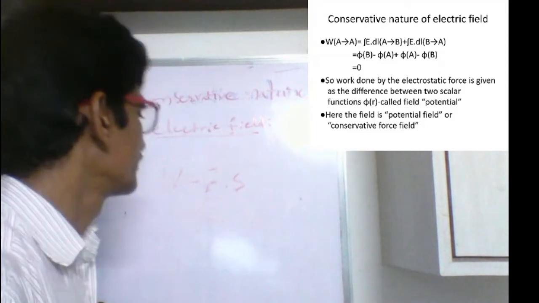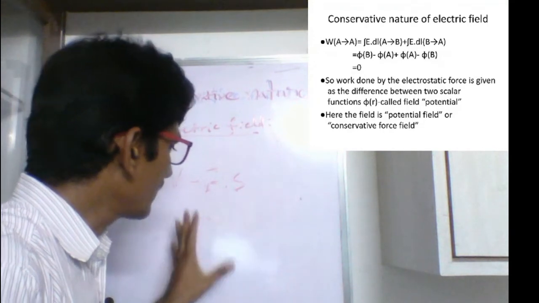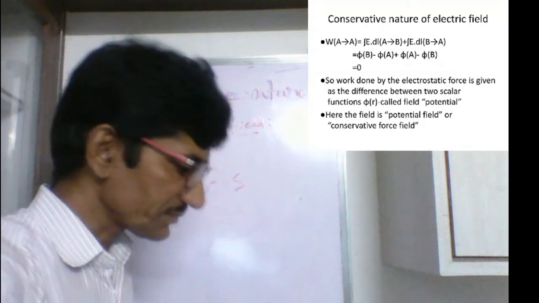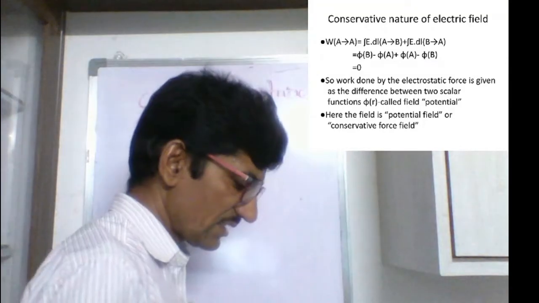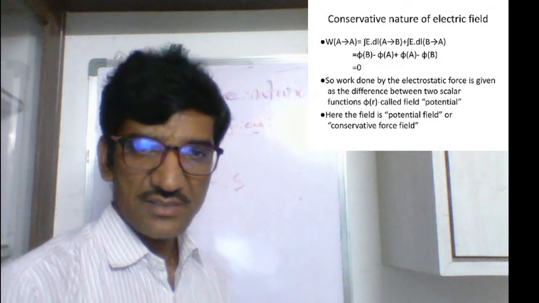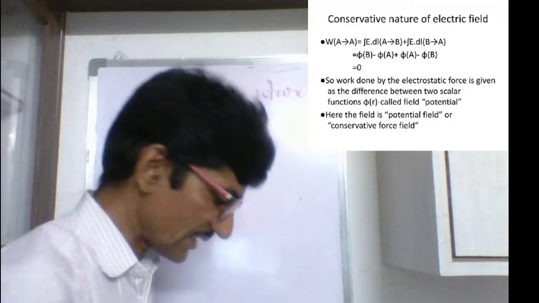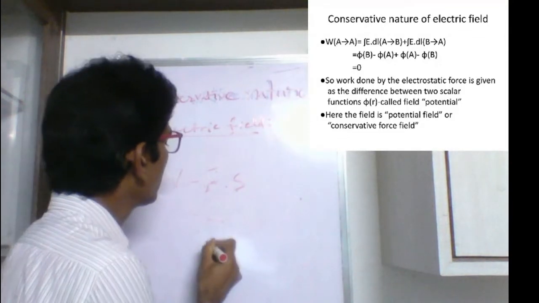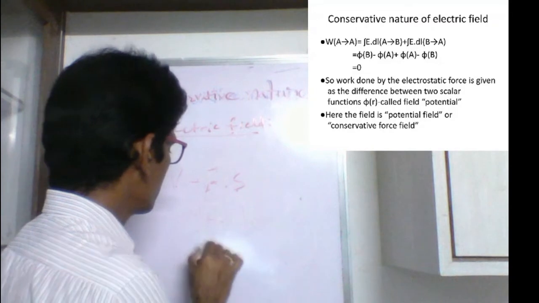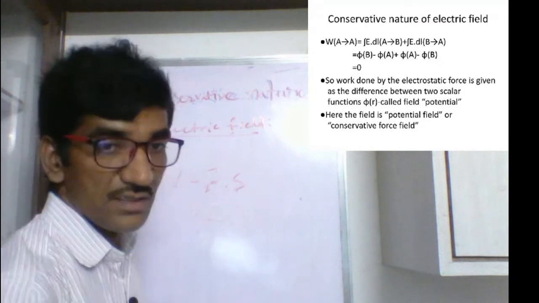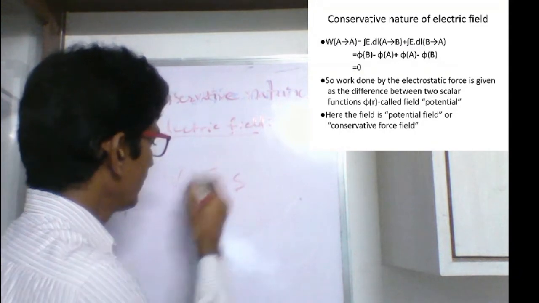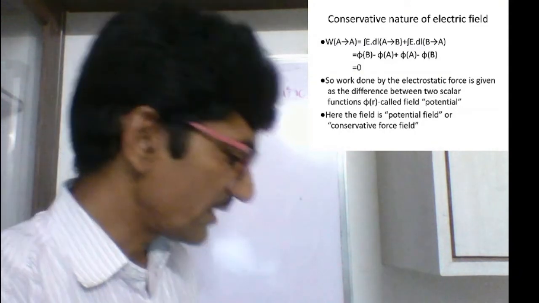Now, suppose that you are getting some value for E dot dl after doing integration. Lower limit A, upper limit B: integral A to B E dot dl.